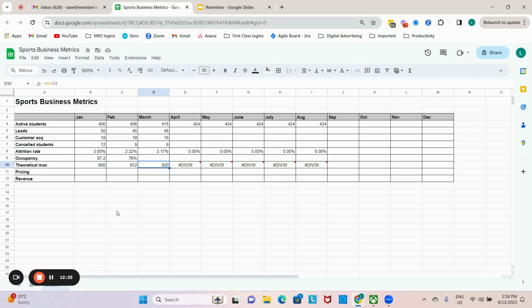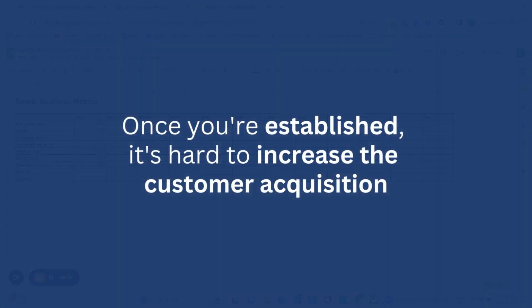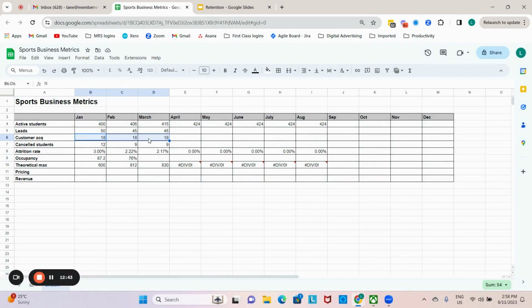So I think the message I want to drive home here is that once you're established, it's hard to increase that customer acquisition, particularly if you've got your marketing dialed in. So where the opportunity lies for a lot of businesses is with attrition rate.